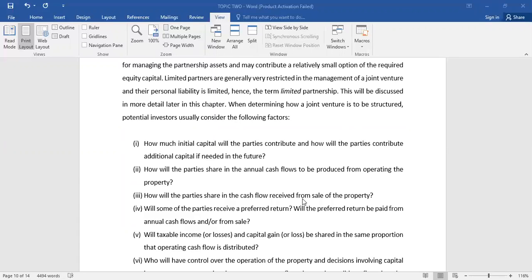Now, how will the parties share in the annual cash flows? Let's say I gave 60%, I have another guy who has given 30%, the other one 10%. Now, suppose I am the one giving the largest share, but initially I give 30%. The guy who was giving 30% gives the 30%, so it will be equal.